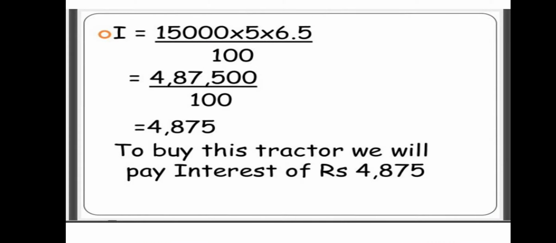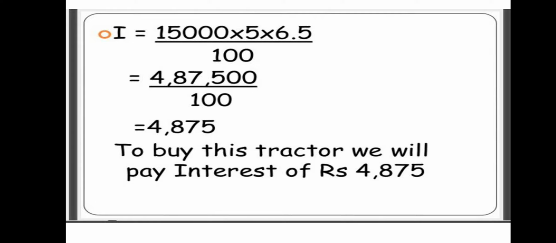For calculating the interest, we will multiply the principal amount or the loan amount, that is 15,000, with the time, 5 years, and with the rate of interest, 6.5, and divide it by 100. Why will we divide by 100? Because 6.5 is in percent. So for removing the percent, we divide by 100.